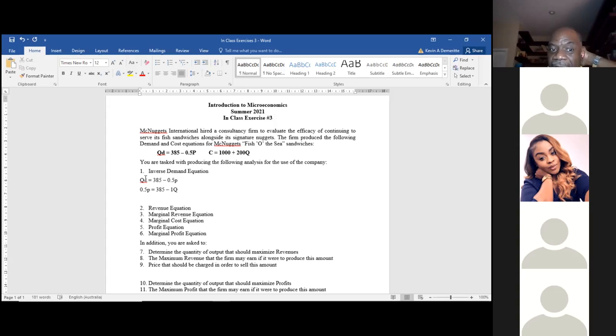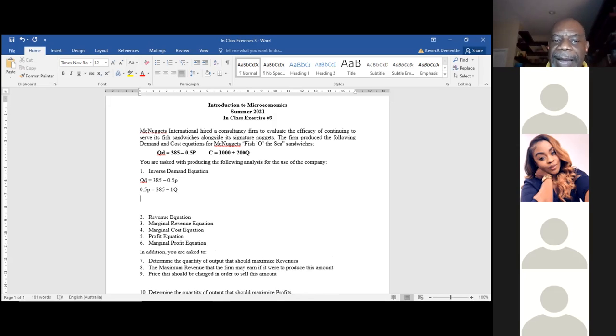Okay, but now we don't need 0.5P, we need P all by itself. So to do that, we need to divide everything by 0.5. So we have 0.5P divided by 0.5, because if we divide 0.5P by 0.5, the 0.5s will cancel, and that will give us our P all by itself.